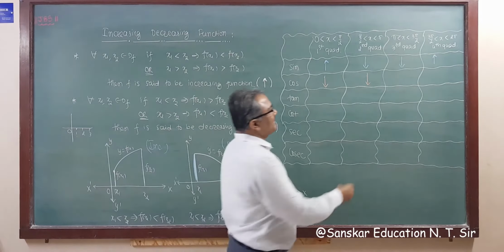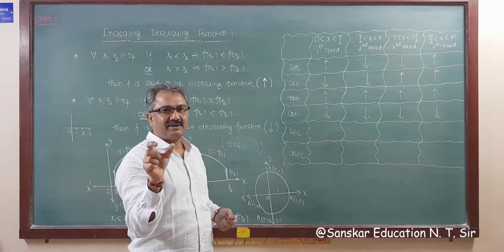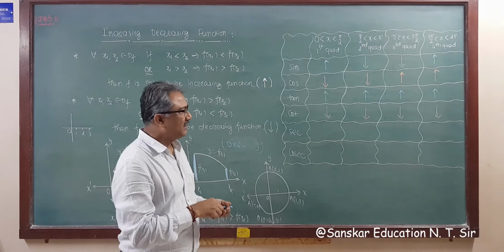Now remember, tan is always an increasing function, and cot is always a decreasing function, right? You have to remember this.